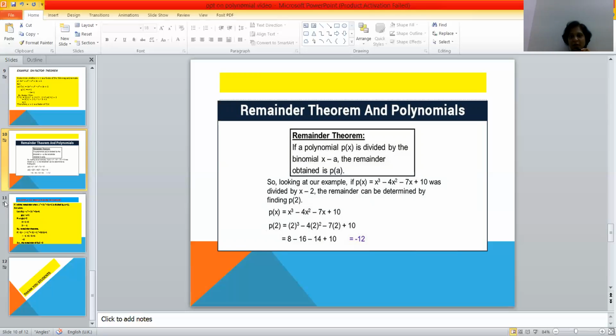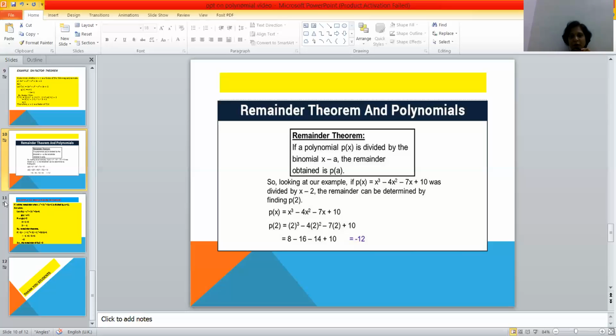Why? Because x minus 2 is a polynomial. Therefore, x minus 2 is equal to 0. So, we get x is equal to 2. So, wherever x is there, replace x by 2. Now, substitute the value 2.